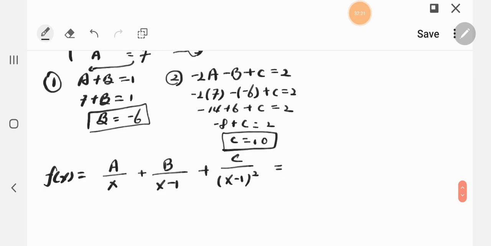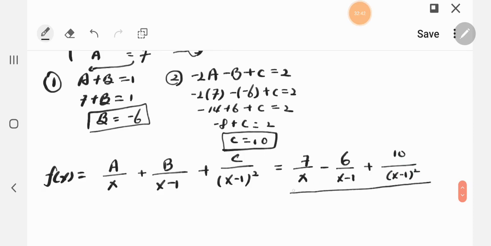So the answer will be a is 7, so 7 over x, plus b is negative 6, so minus 6 over x minus 1. And finally c is 10, so 10 over x minus 1 squared. So this is the partial fraction decomposition of f of x.